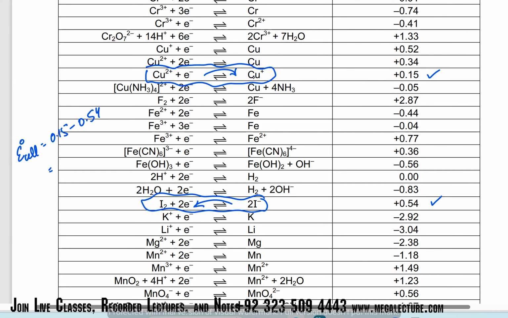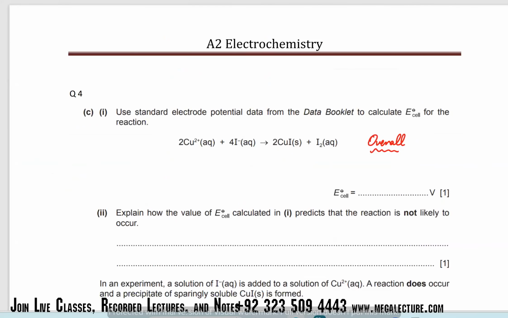So obviously you're getting a negative voltage, which is 0.39, I think. तो वो negative इसलिए आ रहा है क्योंकि this was supposed to be the higher one, which when it's not the higher one, तो इसलिए it's coming out to be negative. तो बस ये लिख दो कि this reaction is obviously not feasible because it's got a negative E naught cell. Is this clear? इसका clear है? Yes, sir. तो E naught cell minus 0.39 not likely to occur because it's less than 0.